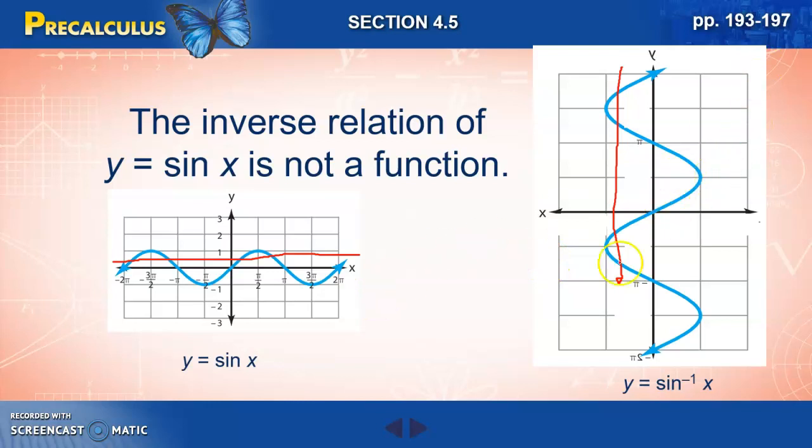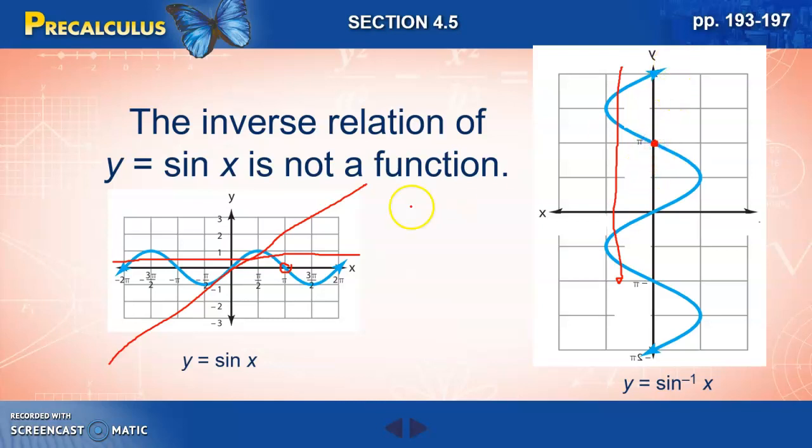If you're wondering how we got this inverse, remember that we're just reflecting over the y equals x line. So take, for example, on the original sine function, our point was pi, 0, and so here you can see 0, pi on our inverse.